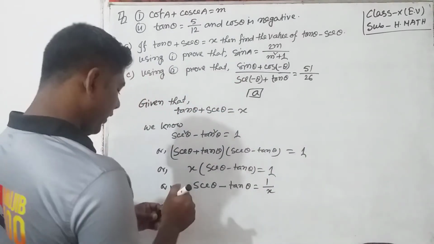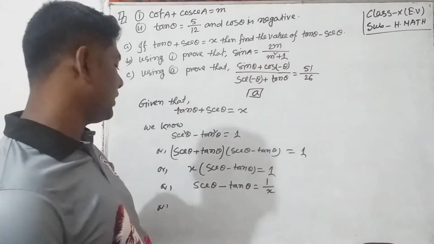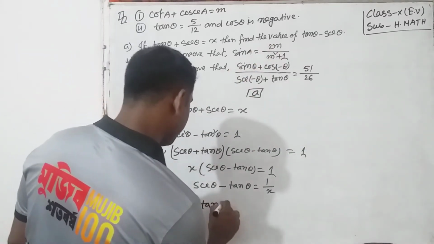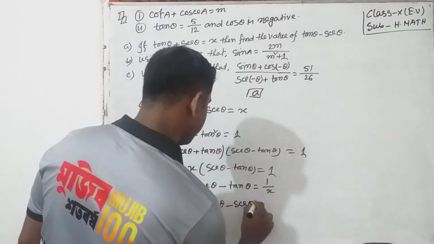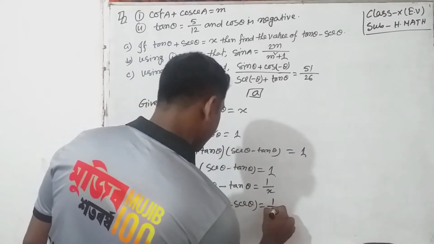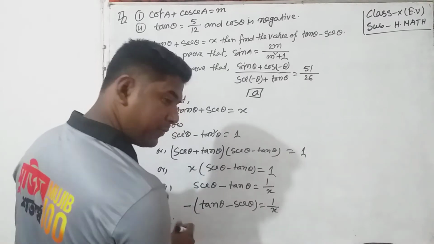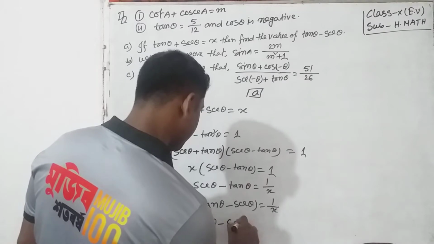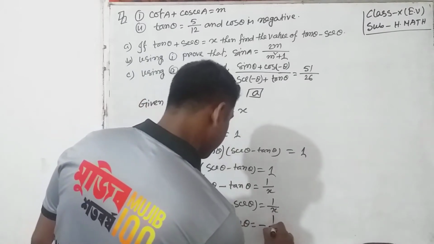Now we find out the value of tan theta minus sec theta. So we can write minus, tan theta minus sec theta equal 1 by x, or we can write tan theta minus sec theta equal minus 1 by x.